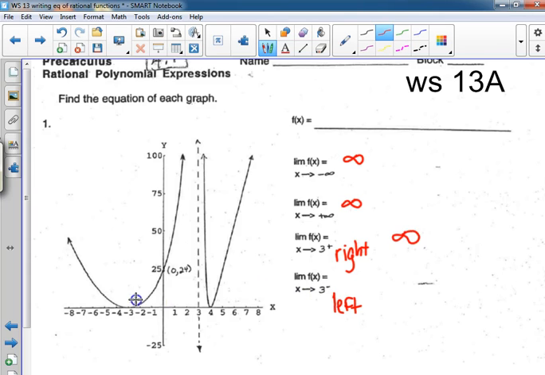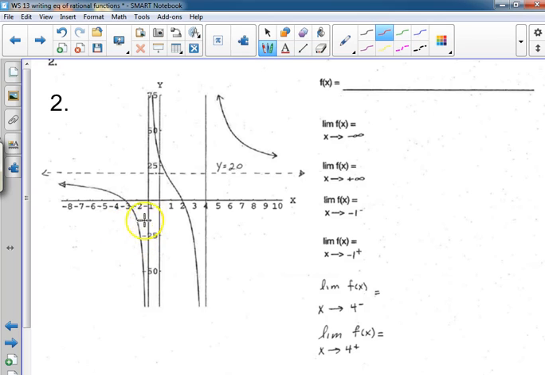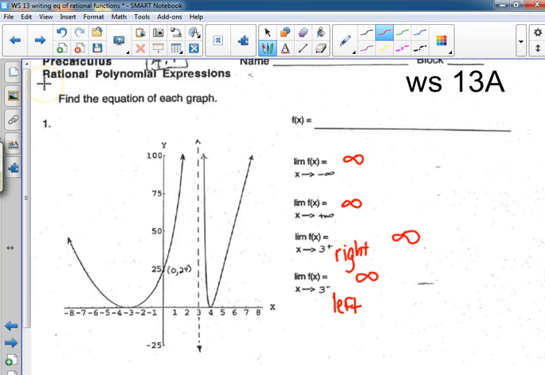As I get closer and closer to 3 coming from the left, it's also going up. But that's not always true, right? So when we look at one like this, if there's an asymptote here at x equals 4, as you come from the left and you come from the right, they're going to be different. Does that make sense? Okay, we're going to talk about that.